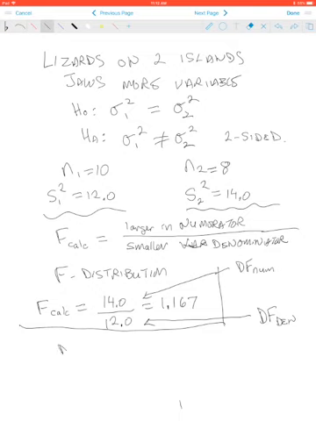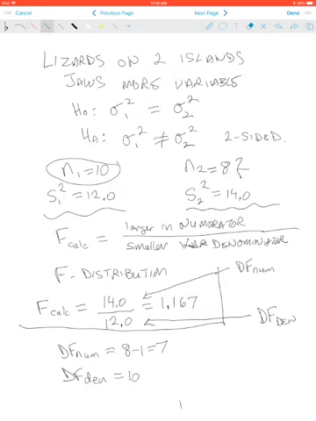The degrees of freedom for the numerator are just whatever the sample size of the numerator was. 14 was the bigger variance, so the degrees of freedom are going to be a function of n2. So the degrees of freedom in this case are 8 minus 1, which equals 7. And for the denominator, the smaller variance, which was 12, the sample size there is 10. So here it's 10 minus 1 equals 9 degrees of freedom.